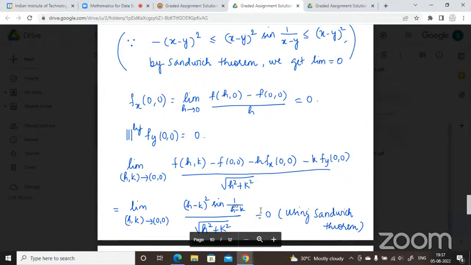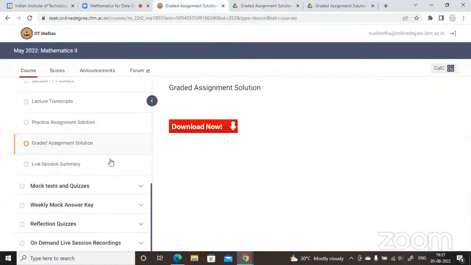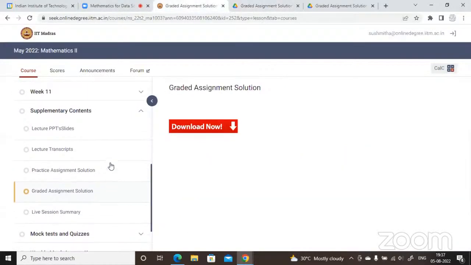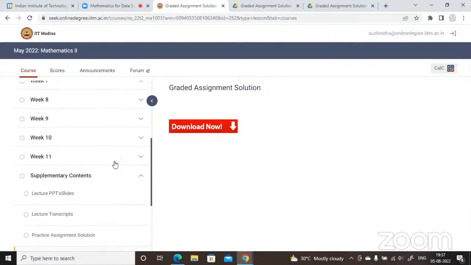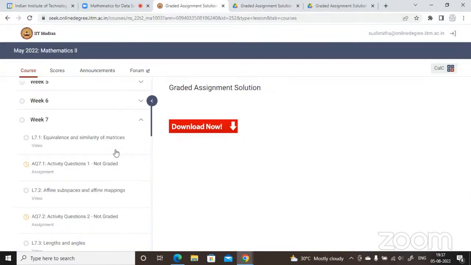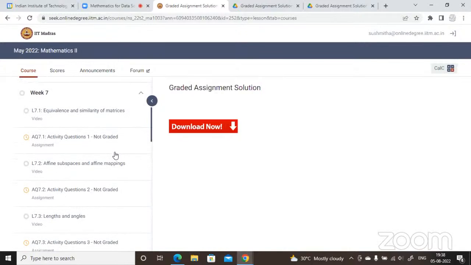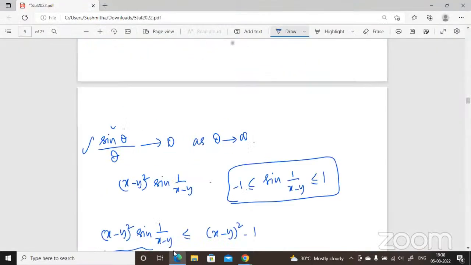Ma'am, in the solution of the week mock for weeks 9 and 10, in question number 4, it is given that the directional derivative exists. It is wrong. Ma'am, is the solution wrong? It does not exist. Why, ma'am? We did that problem, no?